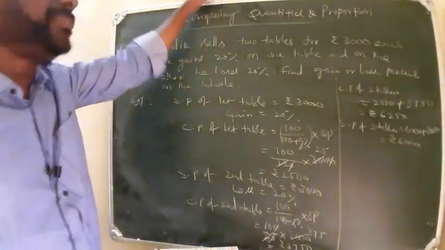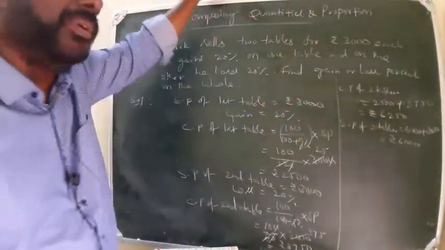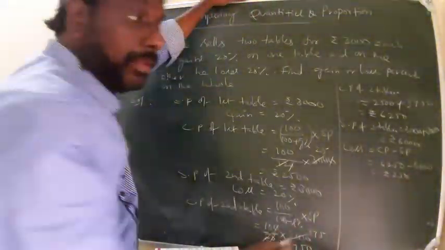SP of 2 tables is 3000 plus 3000, rupees 6000. So which is more, SP or CP? CP is more. So here loss on 2 tables. So loss equal to CP minus SP. 6250 minus 6000, rupees 250. This is a loss on whole.